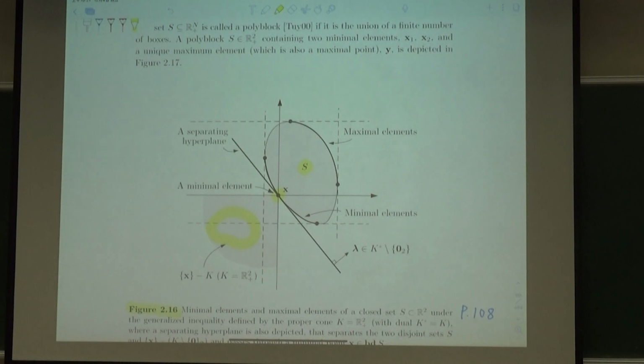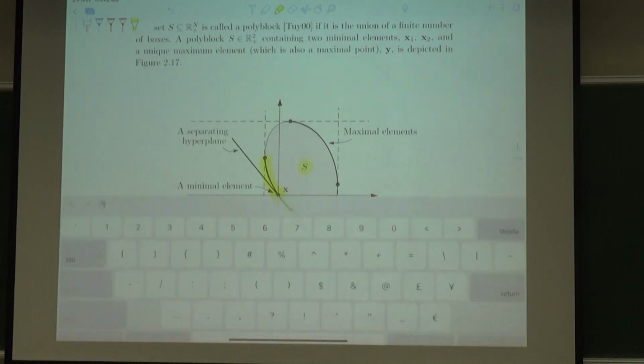So there's a separating hyperplane with lambda in K star minus origin, right? And if this axis is one of the minimal points. Okay, there are many minimal points over here. Suppose S is convex, then all the arc here are minimal points. Okay, that's back to 108.